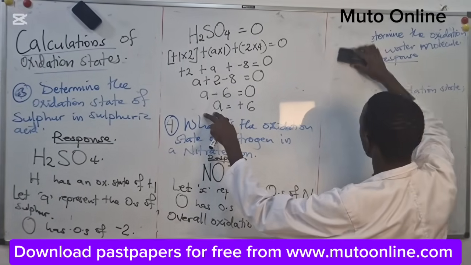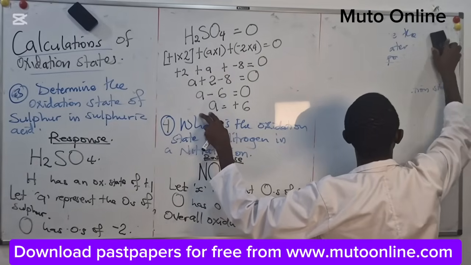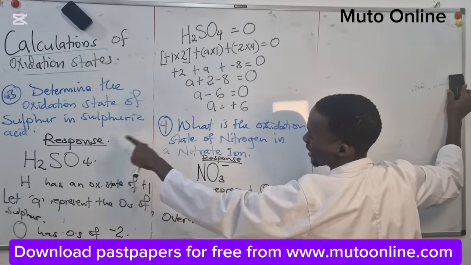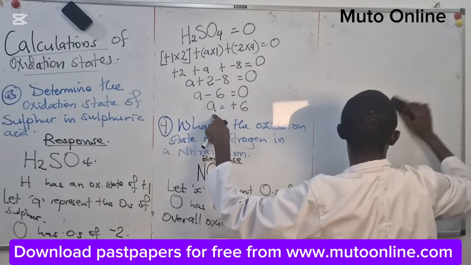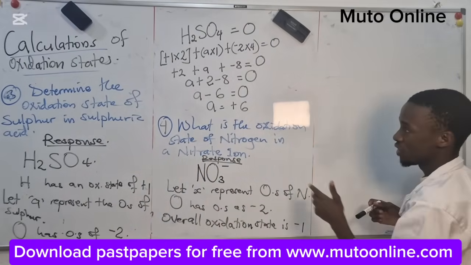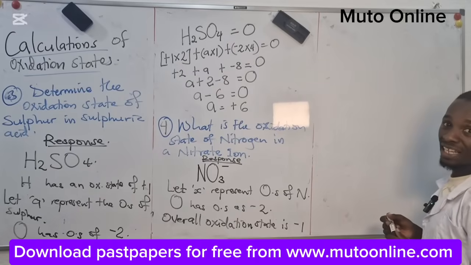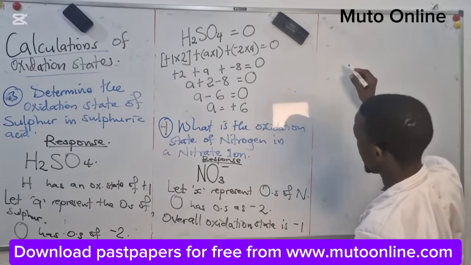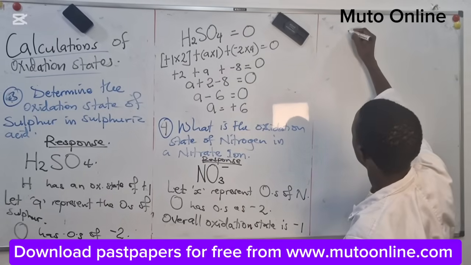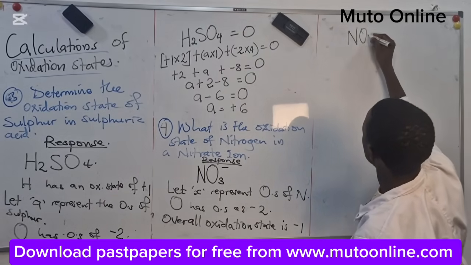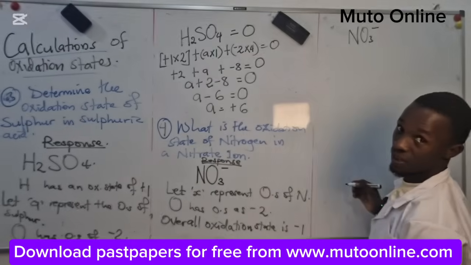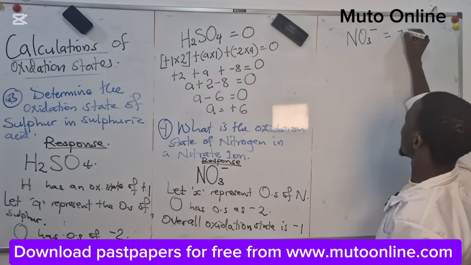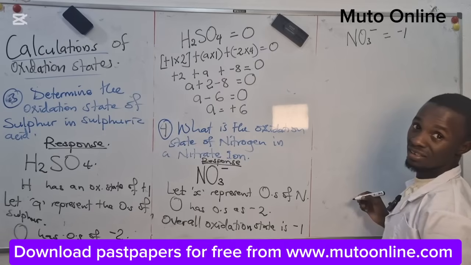Members, don't forget to conclude. Don't end there. They didn't say anything in the task or the question like A. So you should conclude to link your answer or your A to the question. Here we shall rewrite the formula. We shall have the nitrate ion of that kind, giving us the overall oxidation state as -1.